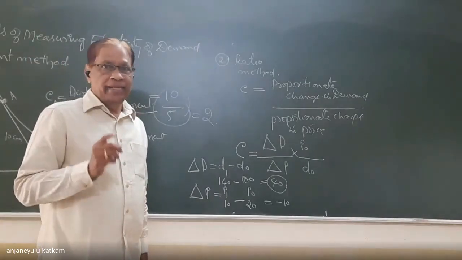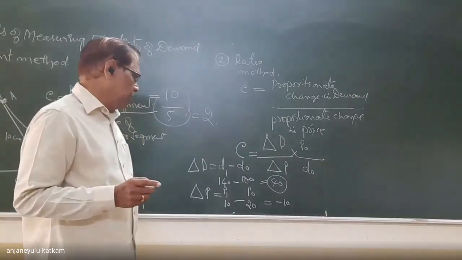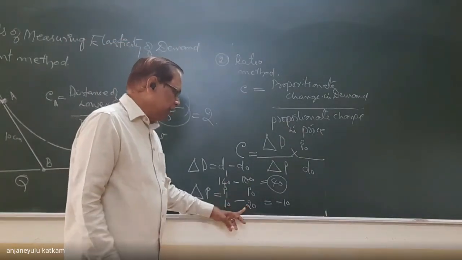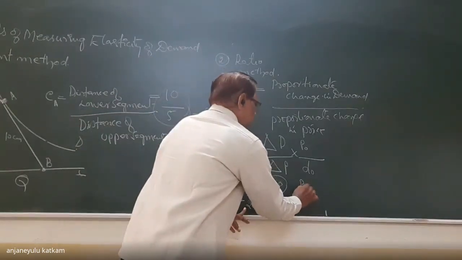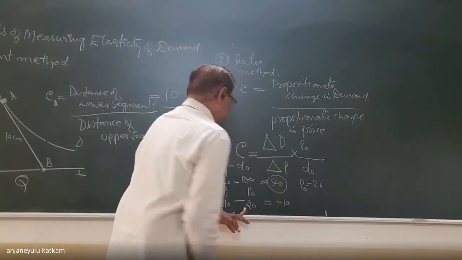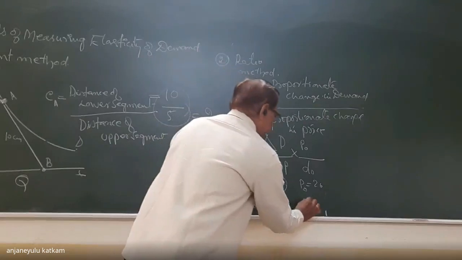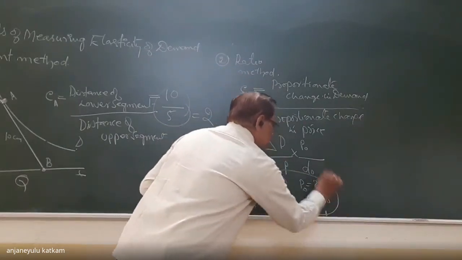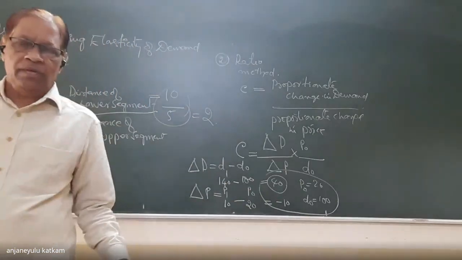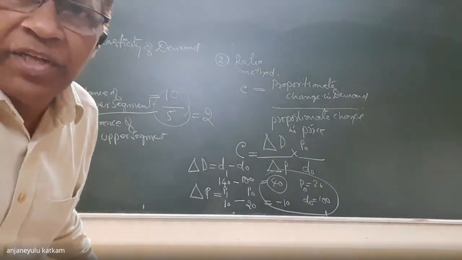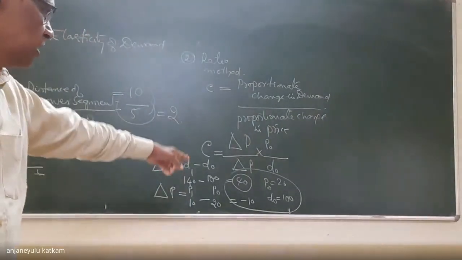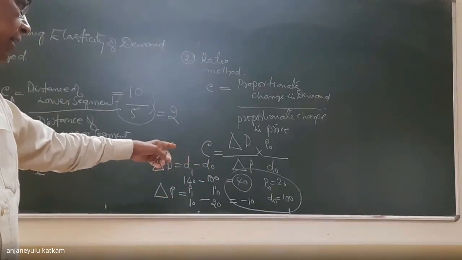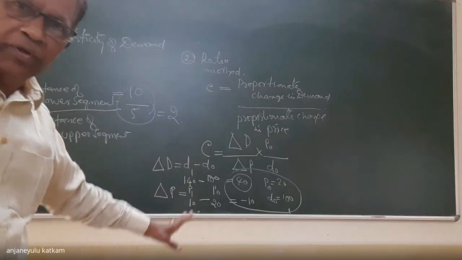Delta P is minus 10. And what is the initial price? P0 is 20. D0 is 100. So we got all these four values: D0, P0, delta D, delta P.